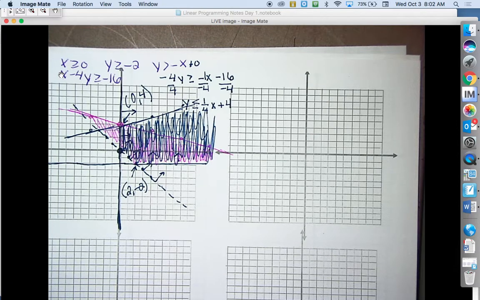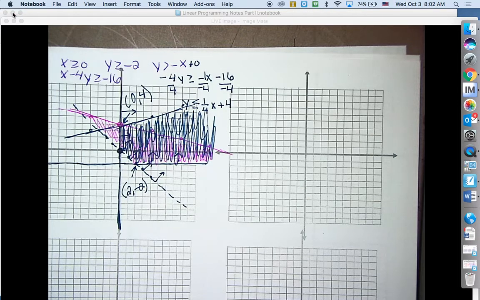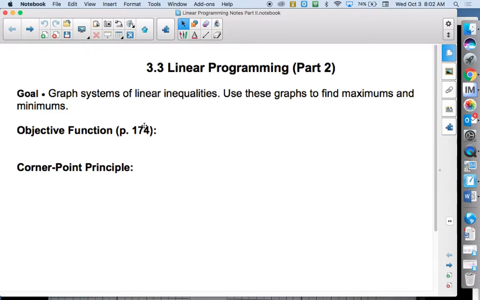So today we're going to do the same exact thing, except we're going to add a little word problem part to it. But our goal would be to think about the same information. So we'll be graphing in the same manner. We'll be finding the places where the graph intersects.